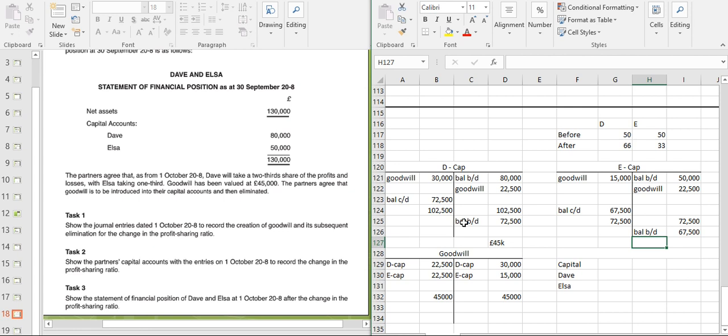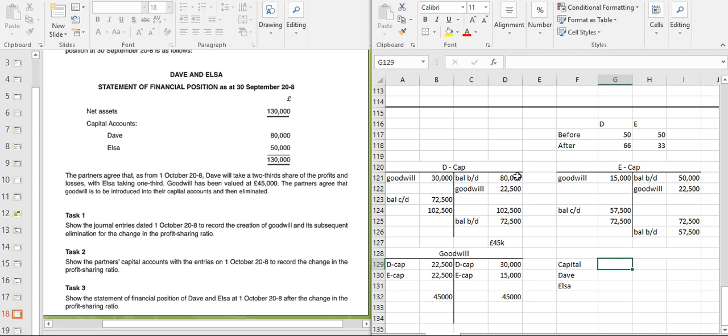Okay, let me just check those figures. Have I done that right? I don't think I have done that right, have I? $50, $60, $70. Okay, that's better.